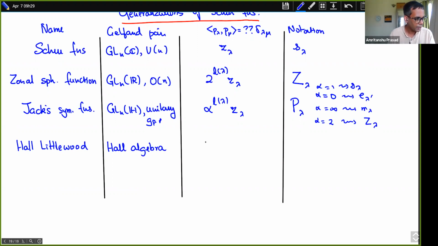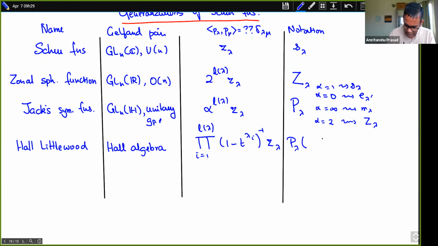Now there's a parameter t, and the inner product is given by the product for i from 1 to L lambda of 1 minus t to the lambda i, inverse, times z lambda. These are usually denoted P lambda.